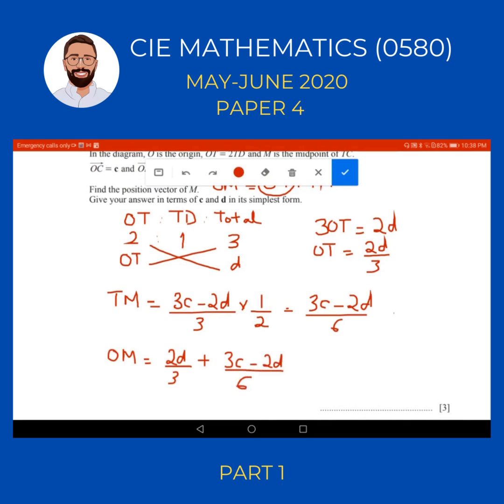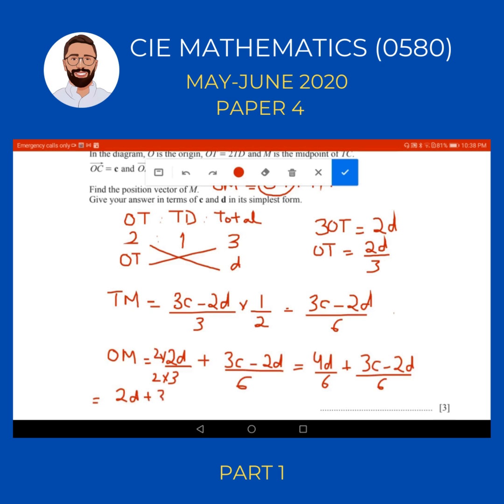So to add these fractions, I need a common denominator, so I'm multiplying 2D over 3 by 2. So I have 4D over 6 plus (3C minus 2D) over 6. Now let's add the D's. So 4D minus 2D is 2D.